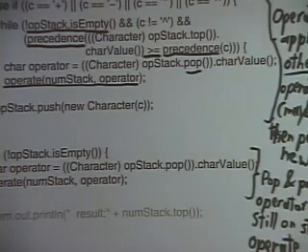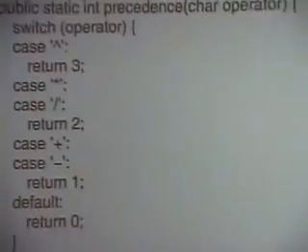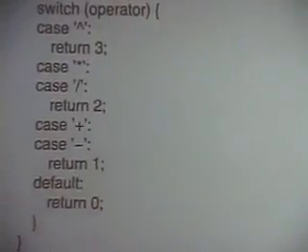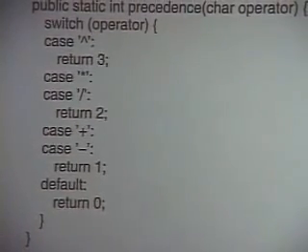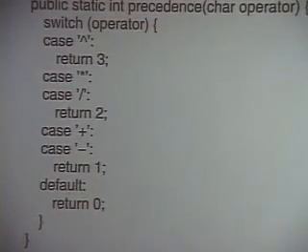There's one other little piece to it, which is the actual precedence table. We need to have a way of looking up the precedence of different operators. And so this is just a case statement that looks at all the different possible operators and gives them each a precedence. Exponentiation is 3, multiply and divide is 2, plus and minus is 1. What's handy about this is that you could expand this.